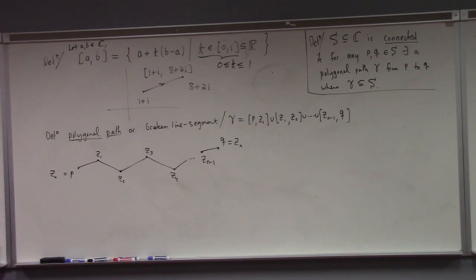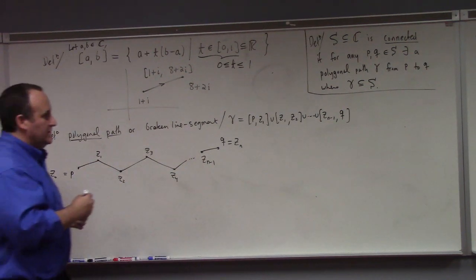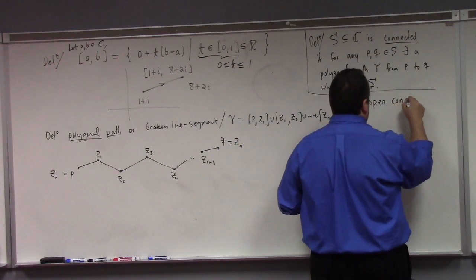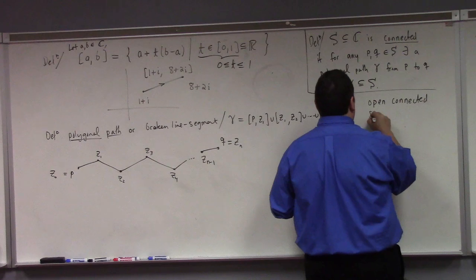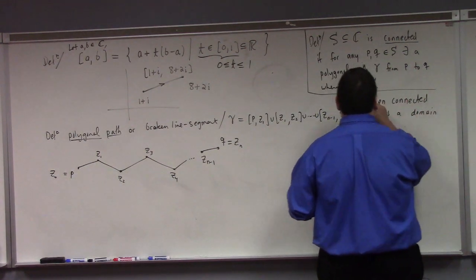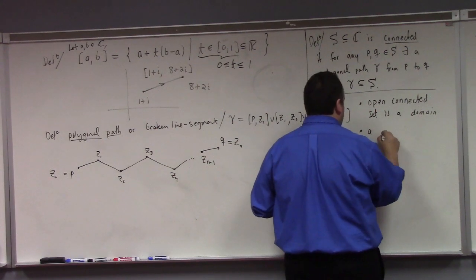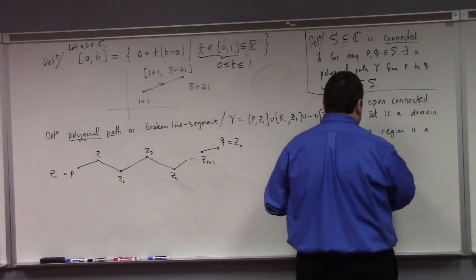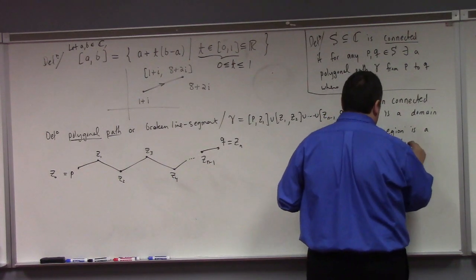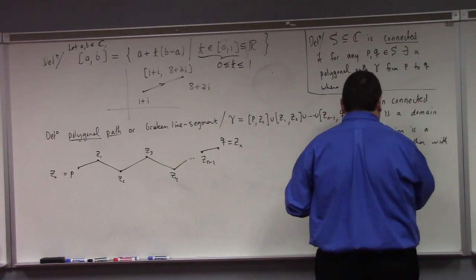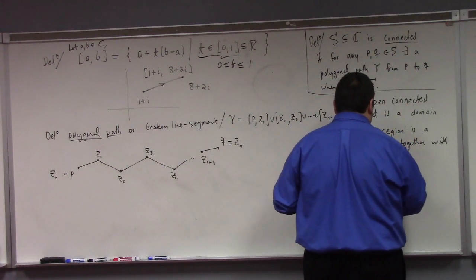Now, if we have an open connected set, what's that? An open connected set is a domain. All right? A region is a domain together with some or all of its boundary.